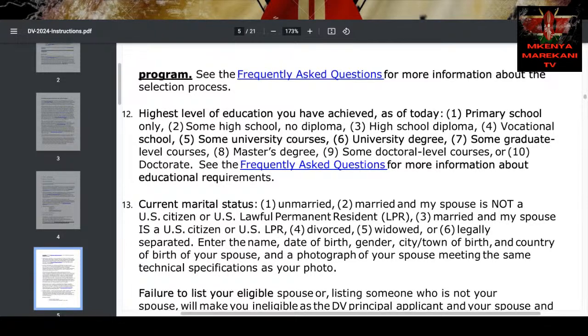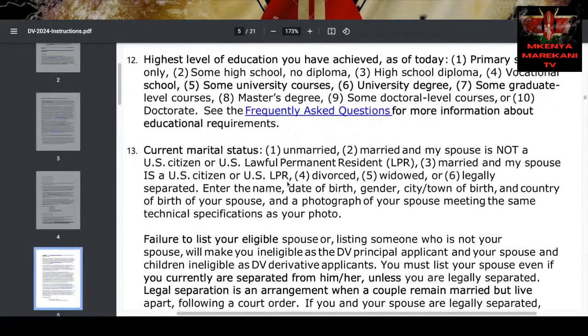When they say no diploma, it means you did not graduate. Then high school diploma, if you got your KCSE, for example, if you come from Kenya, you did your final exam. This part is very straightforward. Whatever you accomplished in terms of school, that's what you put. This one is not complicated. You know what you have.